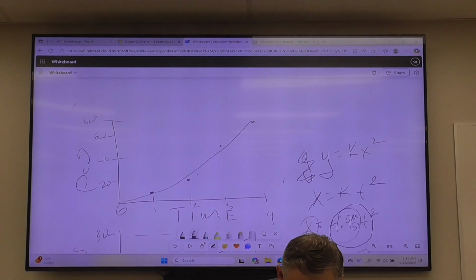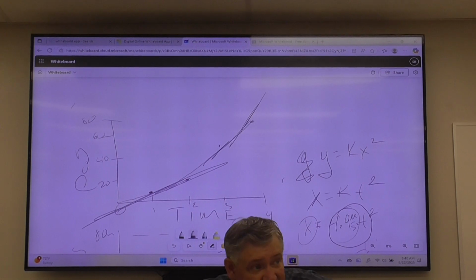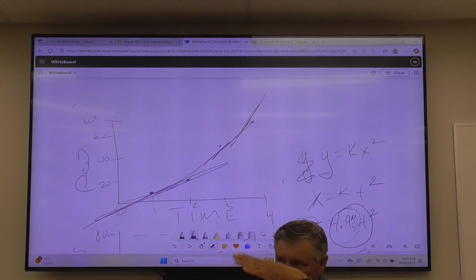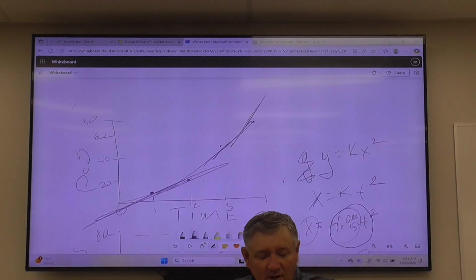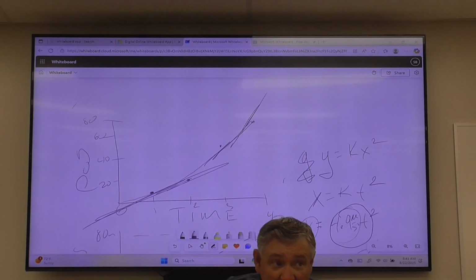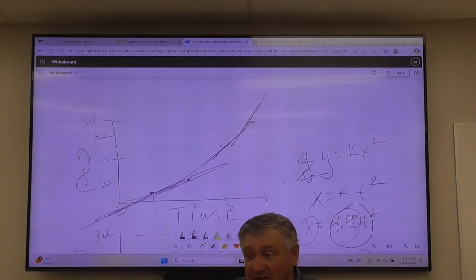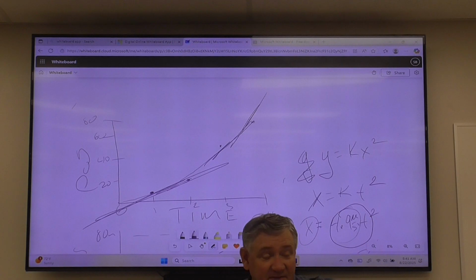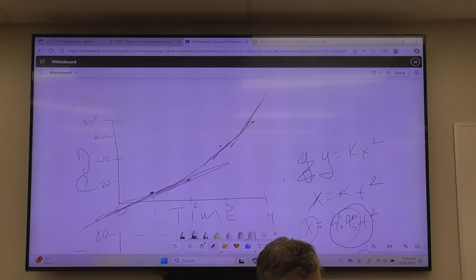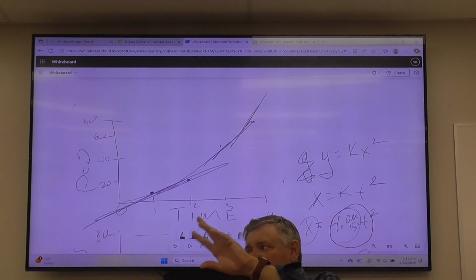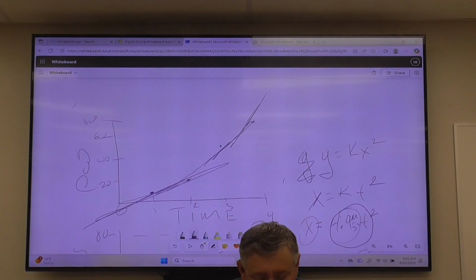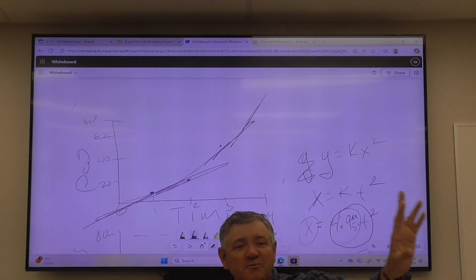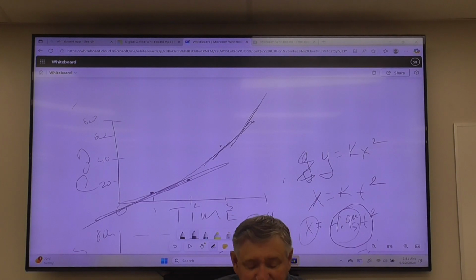If you come in here and you draw tangent lines, which represents what we call instantaneous velocity, tangent lines are only drawn on curves. So, if you're a real math nerd and you've studied calculus, you take the derivative of the function, that gives you the slope of the tangent line at that point, which in this case would give you the instantaneous velocity. That's where physics and math cross lines. Just don't worry about that right now.